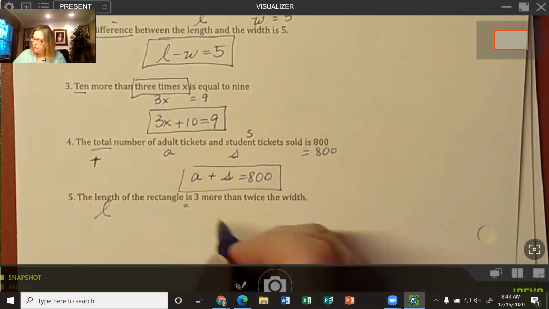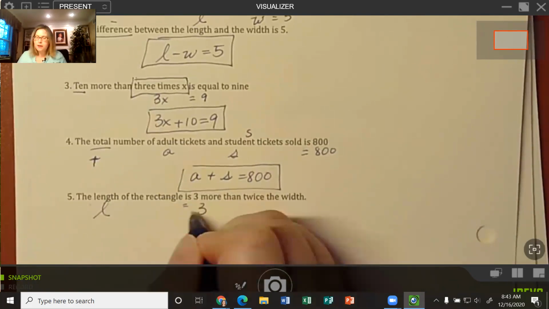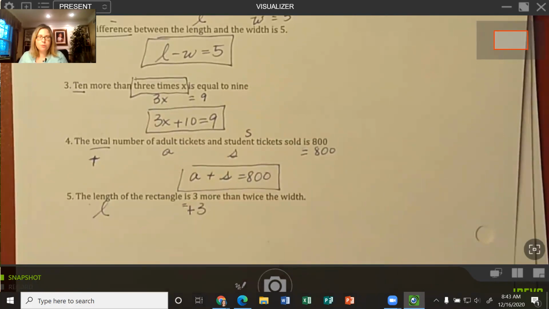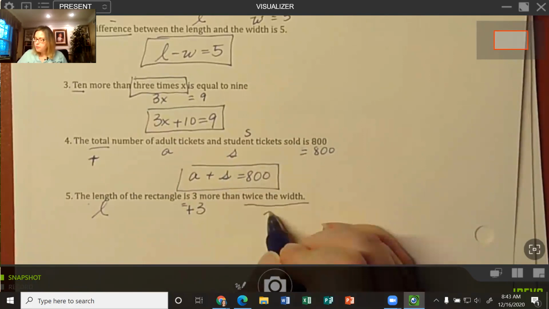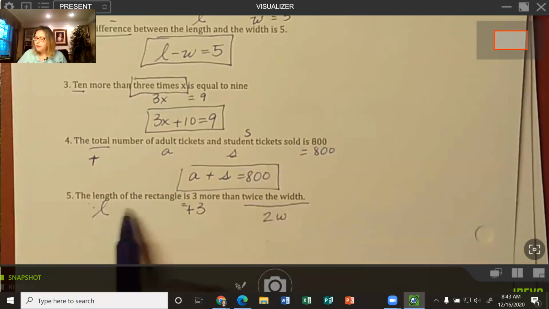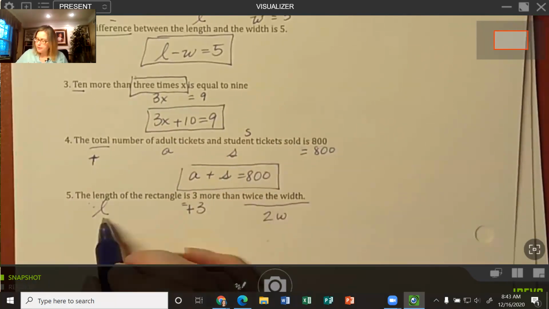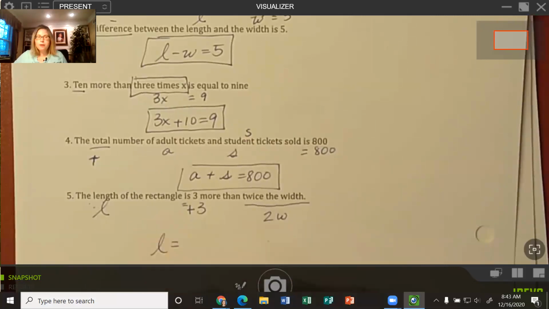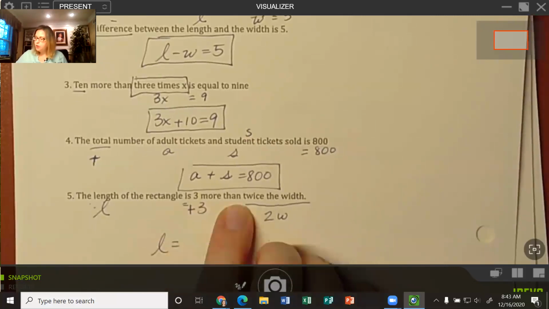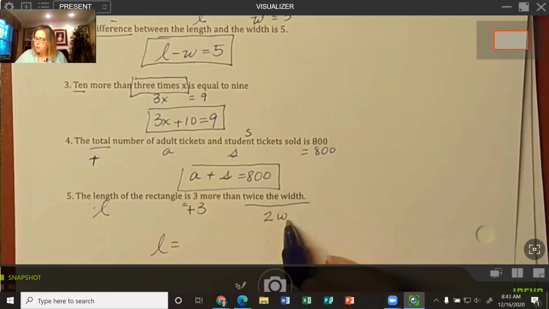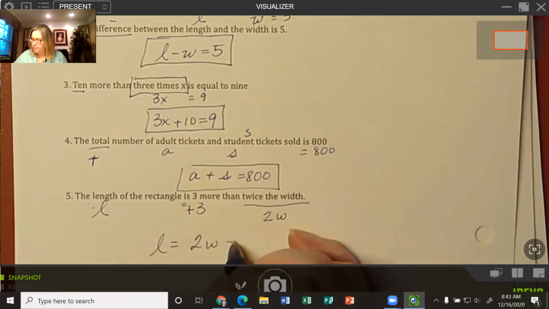So we have 3 more than, so something is being increased by 3, because 3 more than something. 3 more than what? Twice the width. So the length of the rectangle is, this will be L equals 3 more than what? Well, 3 more than twice the width. So we'll start off with twice the width and we'll increase that by 3. So 2W plus 3.